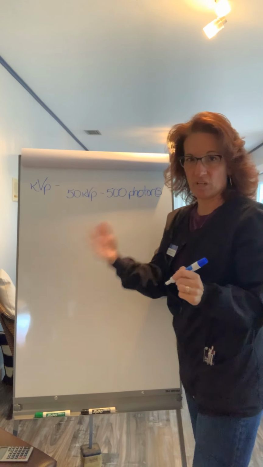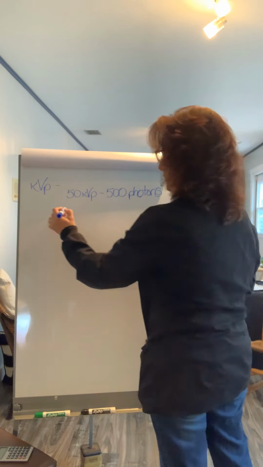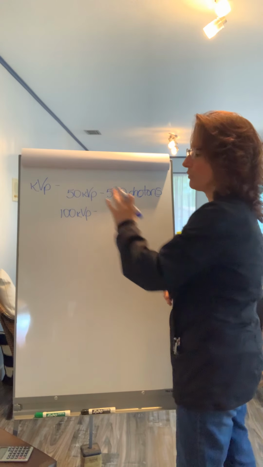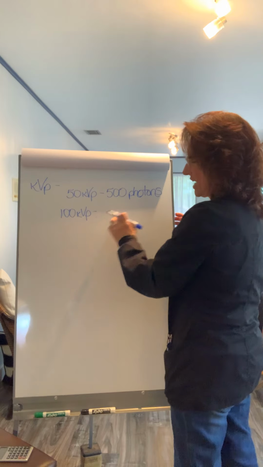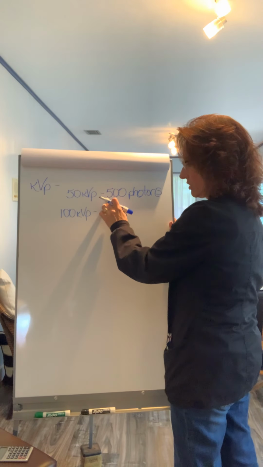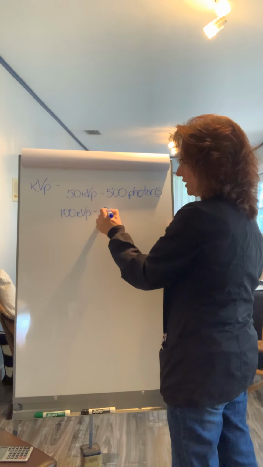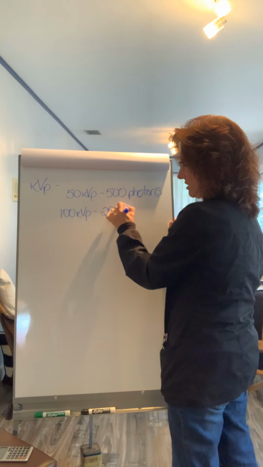They tell you if you double your kVp, so double 50 would be 100 kVp. Now, would we ever do that? No, there's no reason to. But if we were to double our kVp, it would quadruple the quantity. So by a factor of 4, which means we would end up with 2,000 photons.